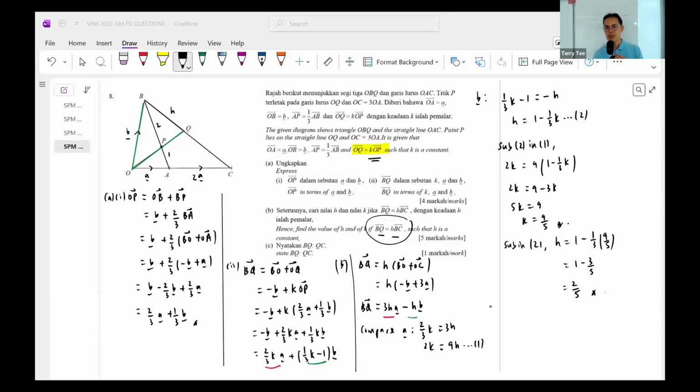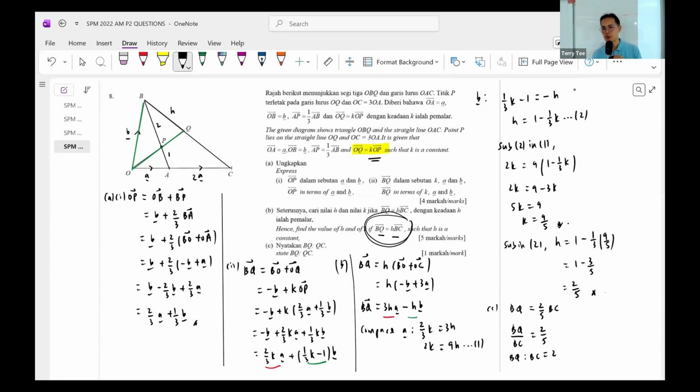Okay, we still need to state the ratio of BQ:QC. Now, we have to first find BQ:BC. BQ is 2/5 BC, substituting your H. For ratio, normally we don't put arrows. So we say BQ:BC is 2:5.